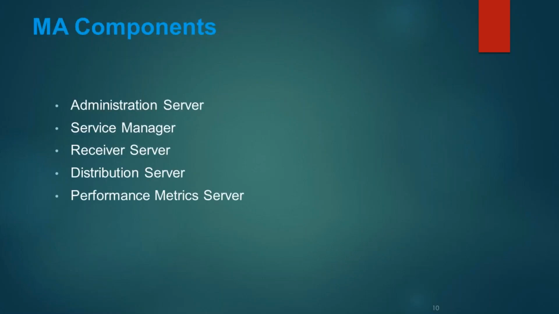The administration server, you can consider like the Manager process, which manages your Oracle GoldenGate environment. So the administration server administers the Oracle GoldenGate environment. Service manager is the watchdog for all the services. Receiver server is basically the replacement of the Collector process in Classic.